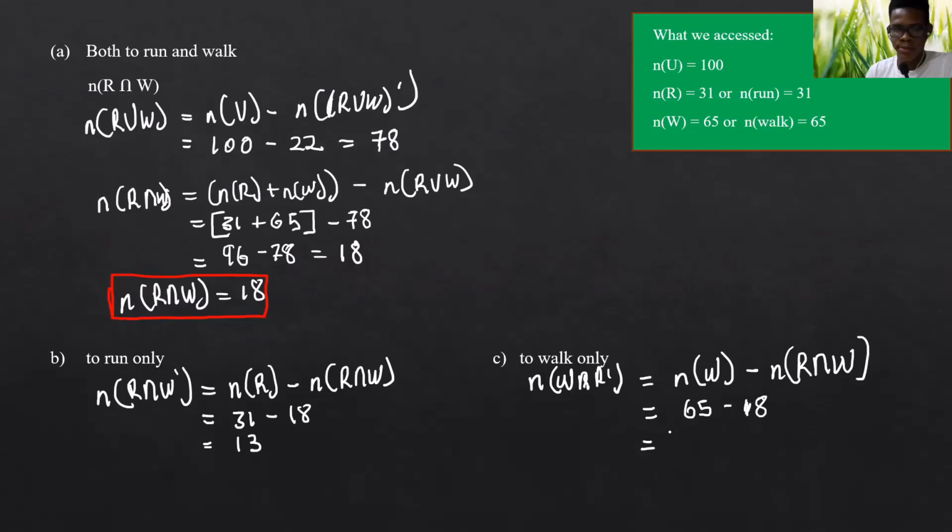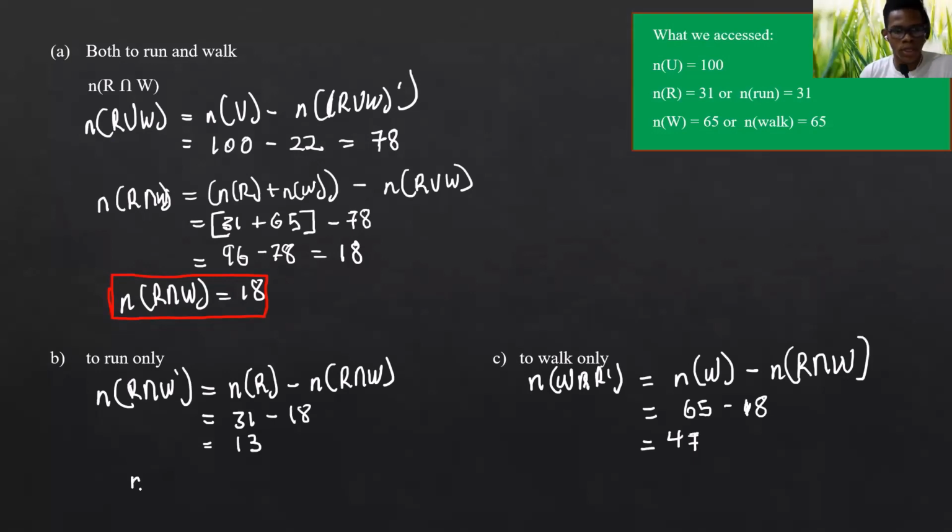So the number of elements in R only, which is again, don't forget the notations, would be 13, and the number of elements in, I'm just writing it back for the sake of the box, it's 47, right?